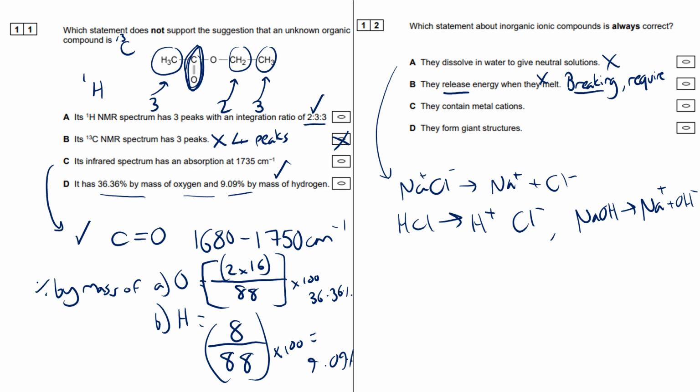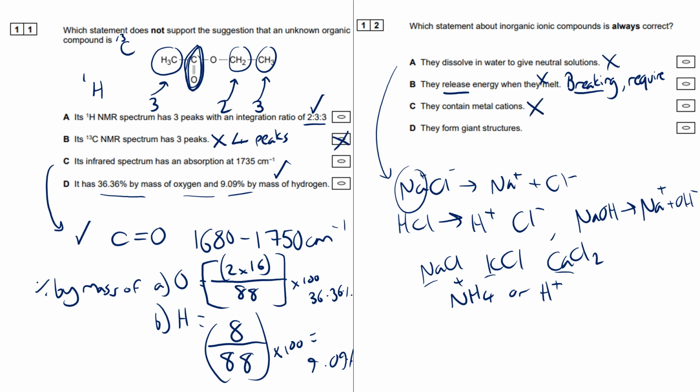So metal cations like your sodium, so you could have sodium chloride, you could have potassium chloride, calcium chloride, etc. They often contain metal cations, but cations can also be made up of non-metals like ammonium or hydrogen. So they will not always contain a metal cation.